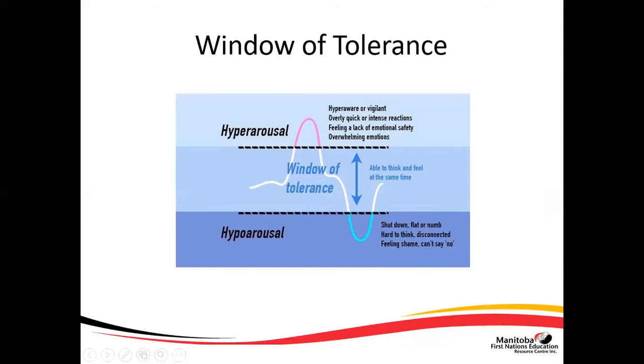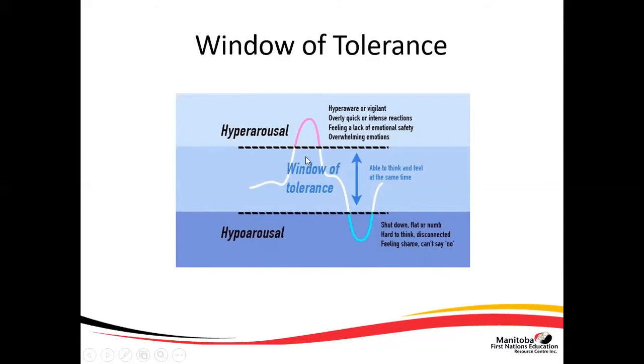So we lose our ability to organize, make judgments, plan, communicate effectively, control our emotions, all of those things, we lose them. So that's why it's really important that we find strategies to help us stay within our window of tolerance. And this goes for everybody.